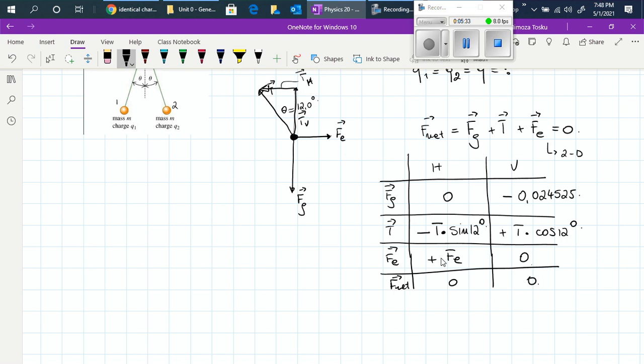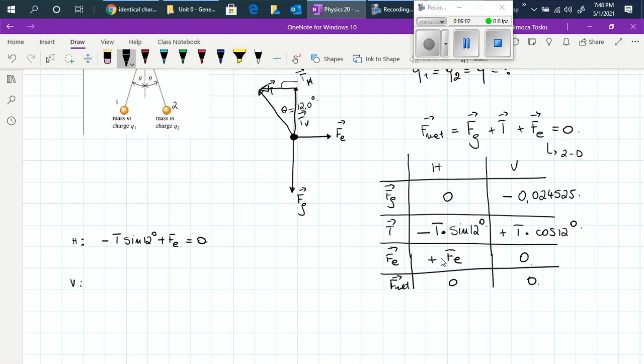Now we don't know the magnitude of the tension or the magnitude of the electrostatic force. However, let's figure out the equations that we get. From the horizontal component, we have negative T sine 12 degrees plus Fe is equal to 0.